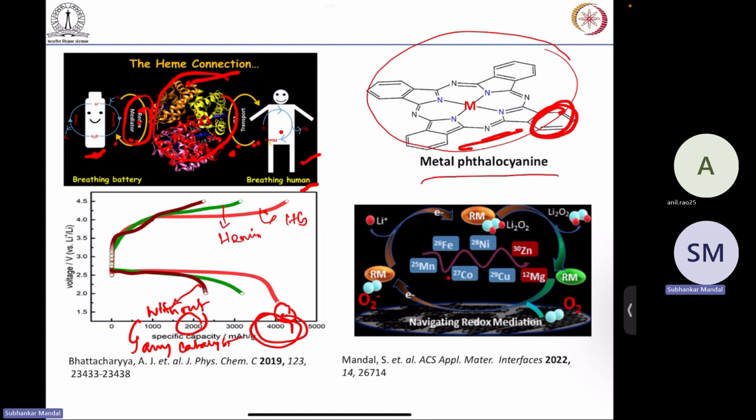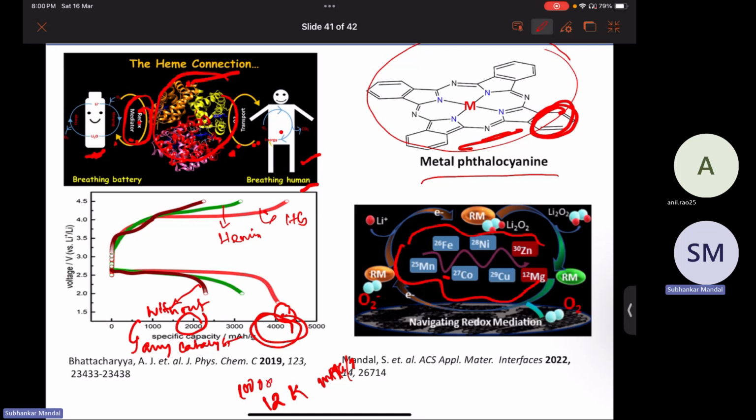What I did was take different transition metal complexes and use them in a similar kind of metal air battery, which can enhance the battery performance. In that case, we are getting around 10,000 to 12,000 capacity, 12,000 mAh per gram.